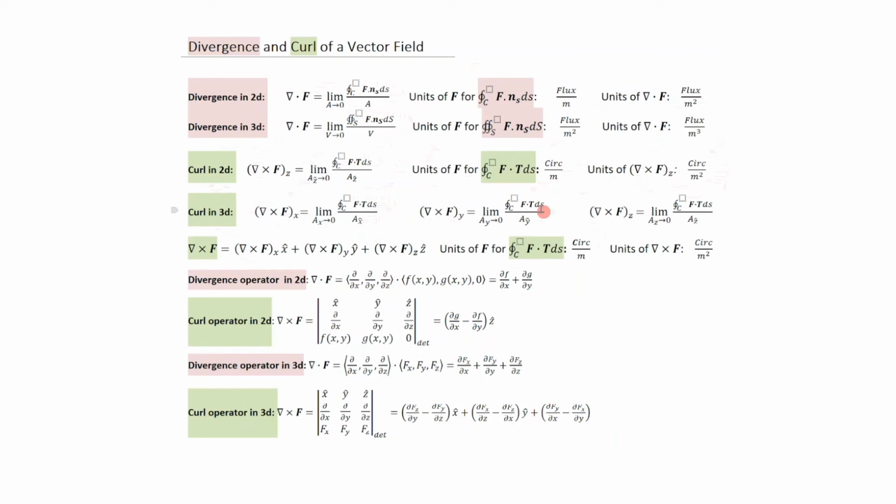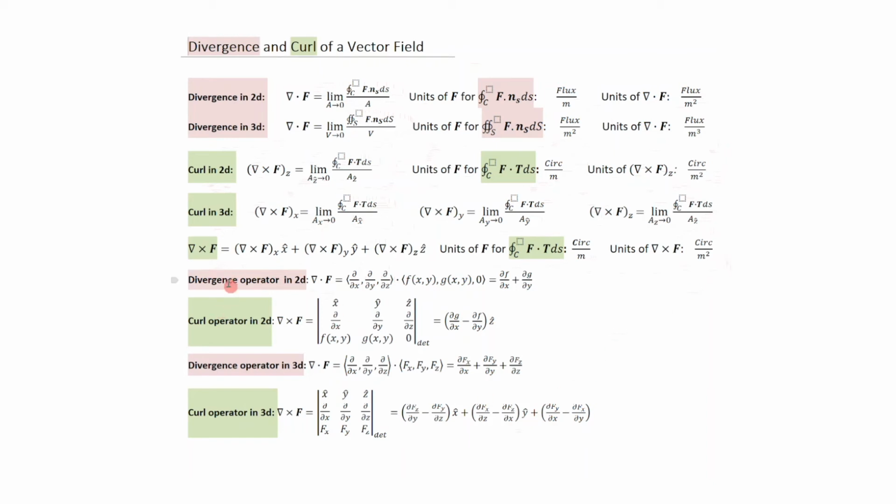This one would be in the ZX plane, and this one here would be in the XY plane. If you take these three vectors and add them, then by definition, that's the curl of the vector field F. Units for F in this case remain circulation per meter, and the curl of F is also circulation per meter squared.